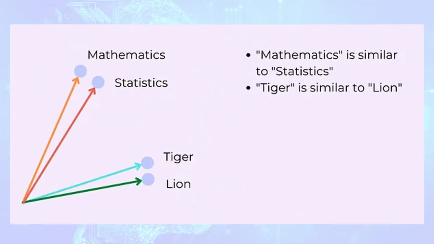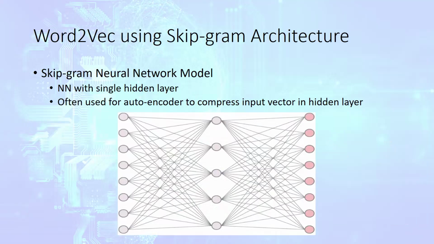Or, for example, the vectors mathematics and statistics belong to the same area of knowledge approximately, and they should be quite collinear, as different from the pair of tiger and lion, which belong to the animals group.